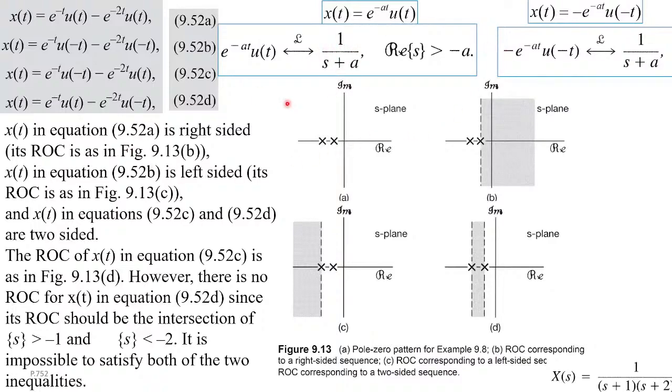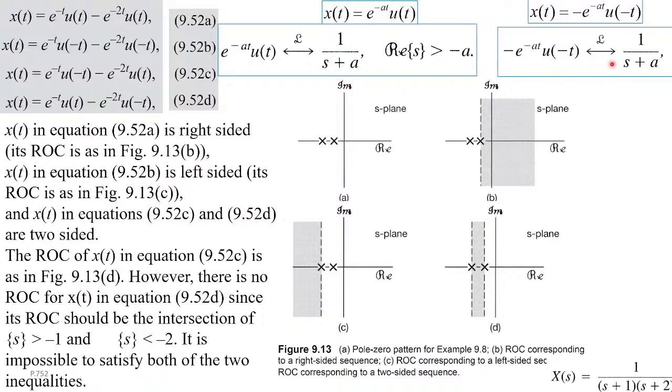Remember, it's all the way back to examples 9.1 and 9.2. We have those two different complex exponentials, an exponential decaying in positive time and an exponential decaying in negative time. They all have this 1 over (s+a) Laplace transform.